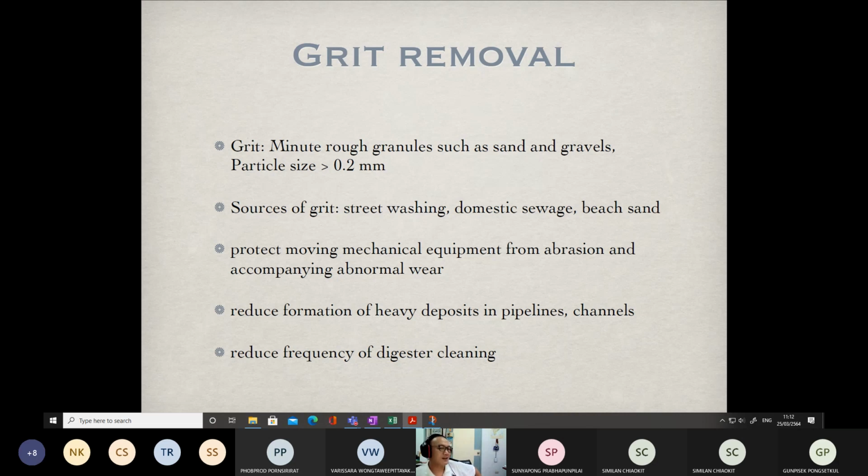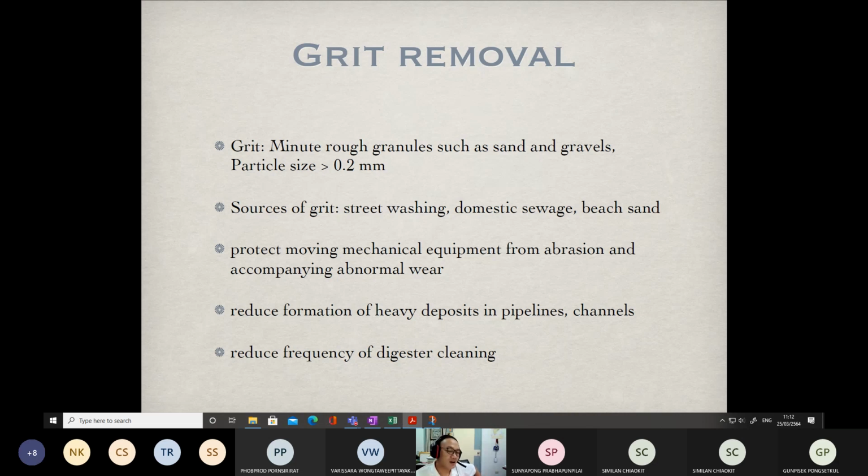In a water treatment plant, it may not be necessary, but it depends on the water supply sources. But a wastewater treatment plant, especially a domestic wastewater treatment plant, requires this equipment because grit mostly comes from activities like street washing, beach sand, or domestic sewage.